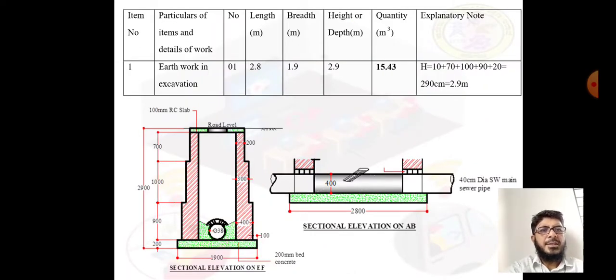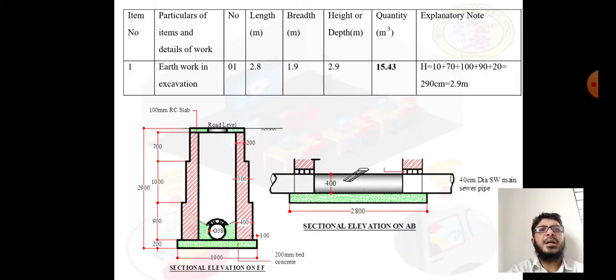So we'll start the estimation of a manhole. First item, of course, is excavation, that is earthwork in excavation. Some sketches for reference we have added in the slides. If you refer to the sectional elevation on EF, we can see how much depth we are excavating.